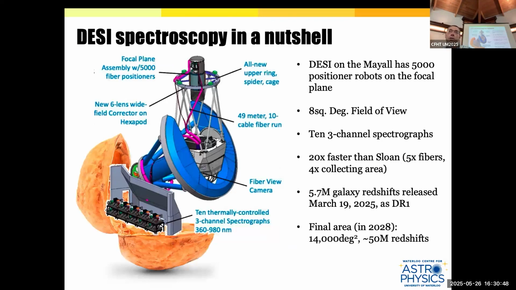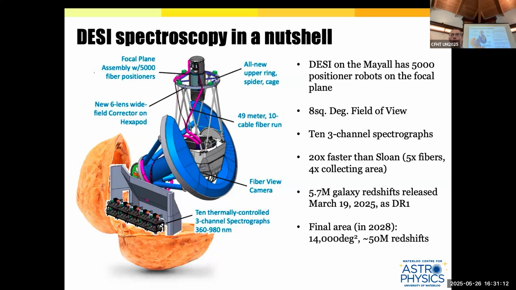Then we went over to spectroscopy. Basically, the main part of the hardware development for DESI was a new multi-object spectrograph on the top-end ring of the Mayall telescope. This is 20 times better than the Sloan telescope. There was 5 times more fibers, and it's on a 4-meter telescope, not a 2.5-meter telescope.